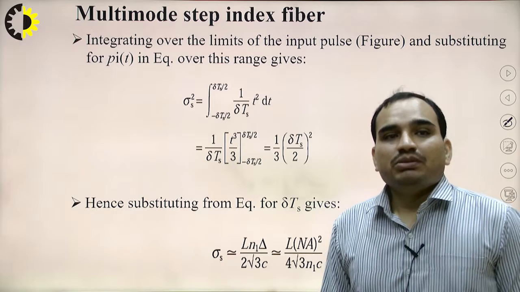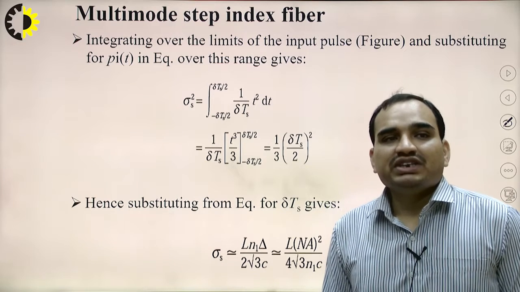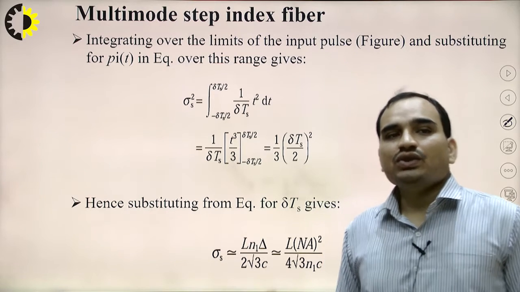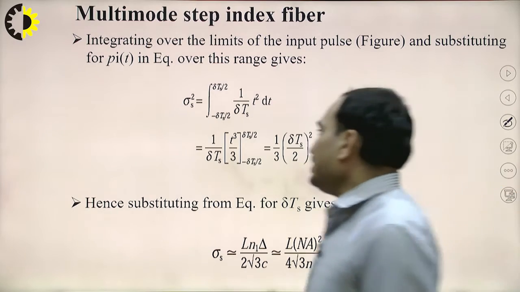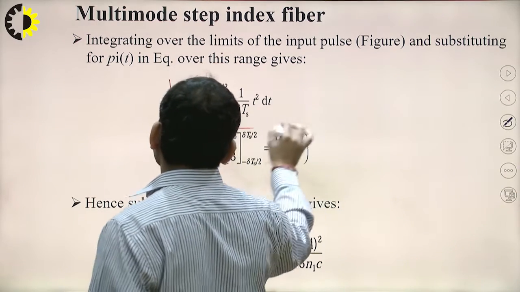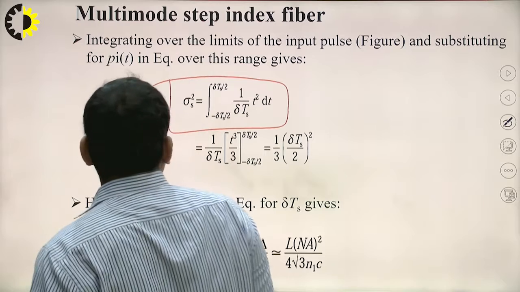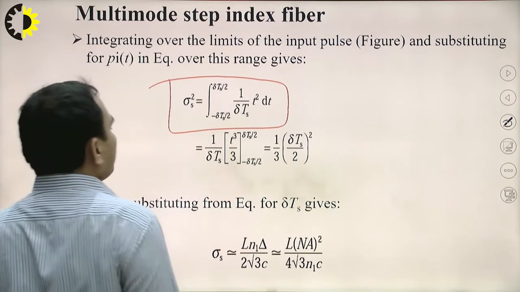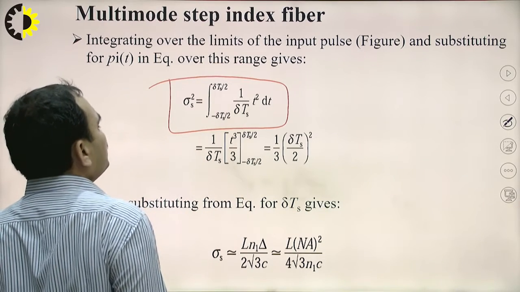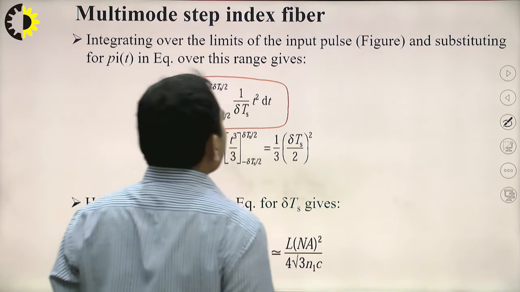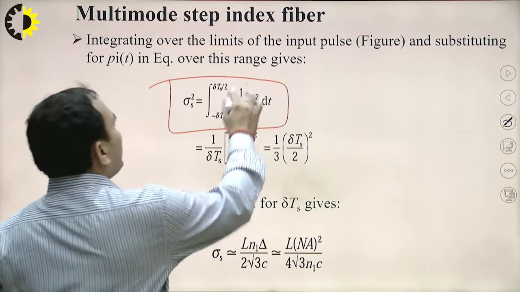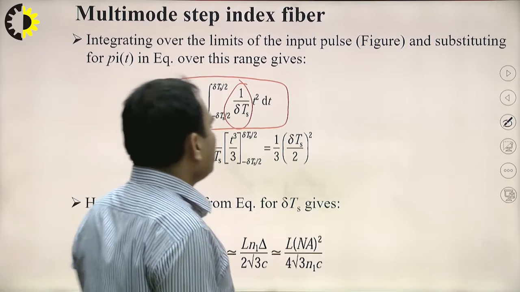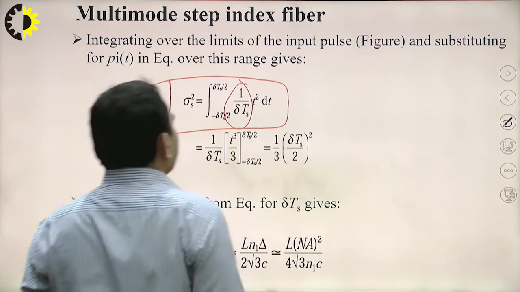Integrating over the limits of the input pulse and substituting for p(t) over the range, we get sigma s squared equal to the integration from minus delTs/2 to plus delTs/2 of t squared times 1/delTs.